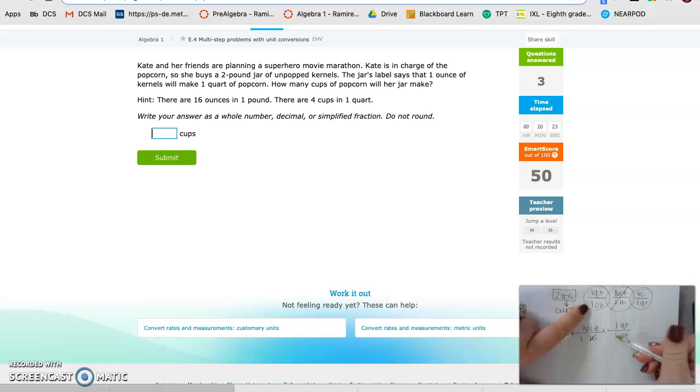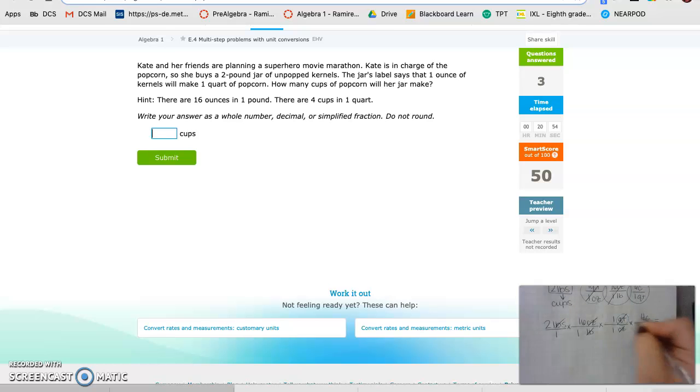Okay, totally unnecessary for me to write that, but I just want you to see how we're canceling out those ounces. Why is it unnecessary? Because it's 1/1. But this makes it easier to say, okay, I'm now in quarts. Now I have a conversion to change my quarts to cups. So 1 quart, 4 cups.